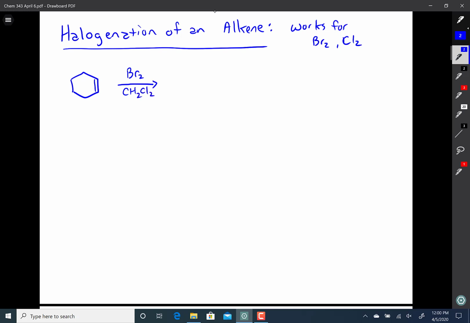The product, when you add bromine with dichloromethane to this, is you get two bromines on there, and it's anti. We're going from an achiral material to a chiral molecule, so it's racemic.